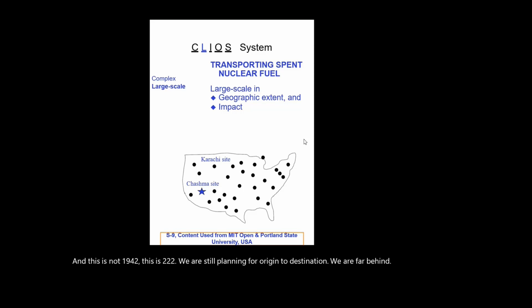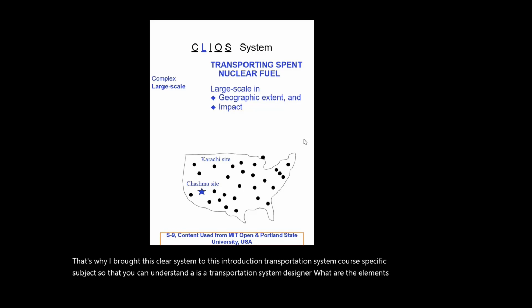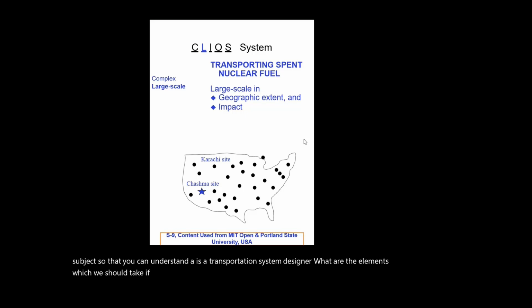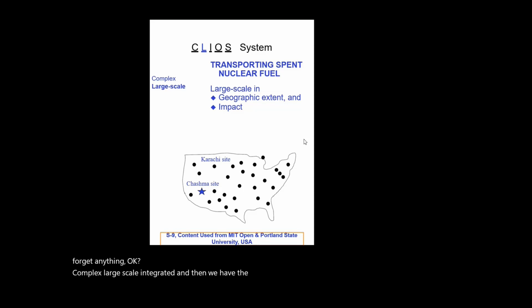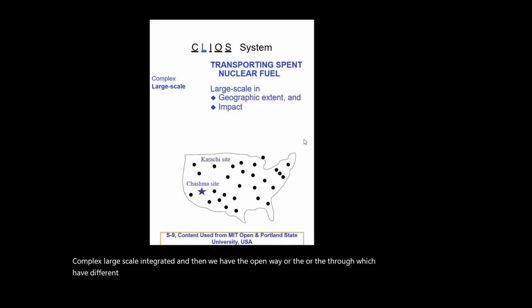That's why I brought this CLIOS system into this introductory transportation systems course, so that you can understand, as a transportation system designer, what elements you should think about. If you remember the CLIOS terminology, you will never forget anything.